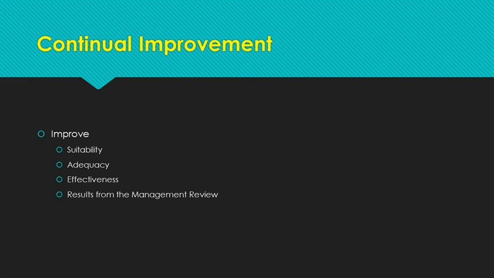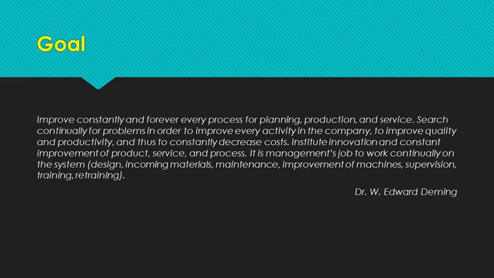So that's it, folks. In conclusion, I would like to leave you with a quotation from Dr. W. Edward Deming. Improve constantly and forever every process for planning, production, and service. Search continually for problems in order to improve every activity in the company, to improve quality and productivity, and thus to constantly decrease costs.